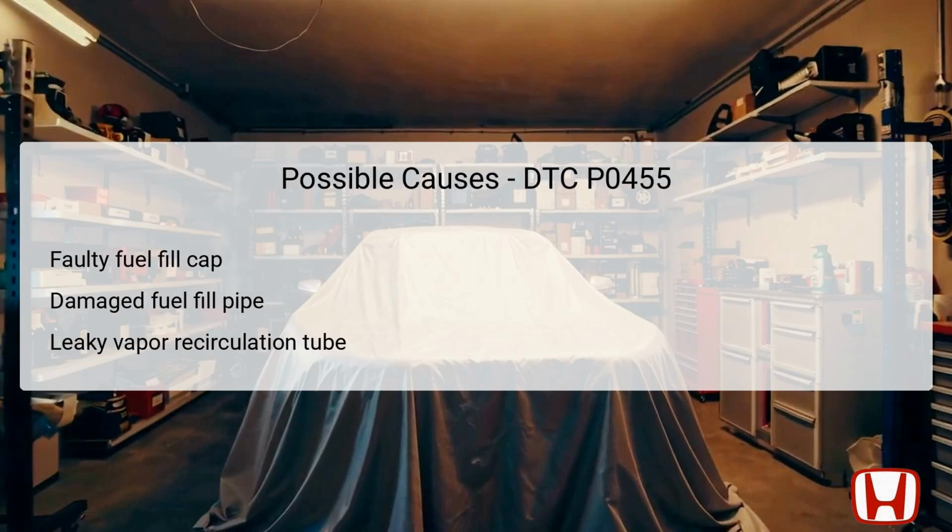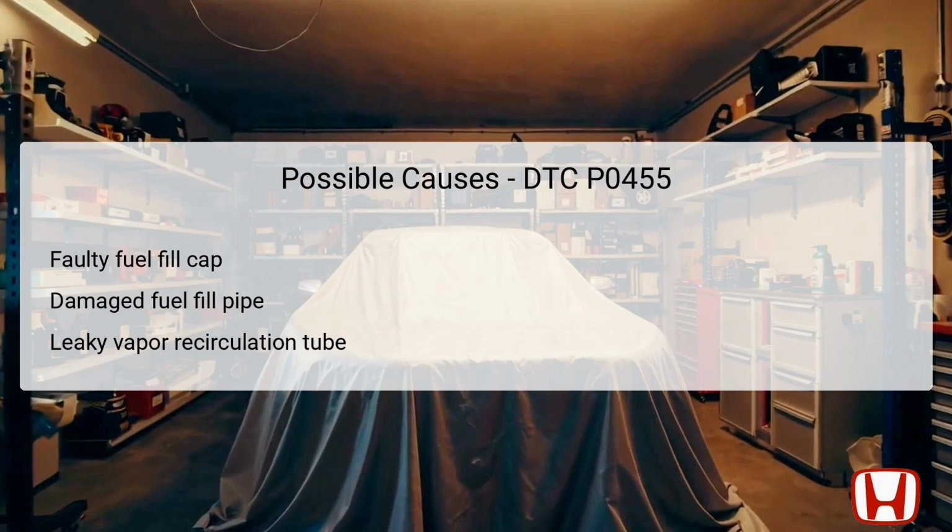There are several potential causes for the DTC P0455. The most common issues arise from a faulty fuel fill cap, which may not create the necessary seal, allowing vapors to escape. Additionally, a damaged fuel fill pipe can also be a source of leaks. Any cracks or degradation in the pipe can compromise the entire system's integrity.